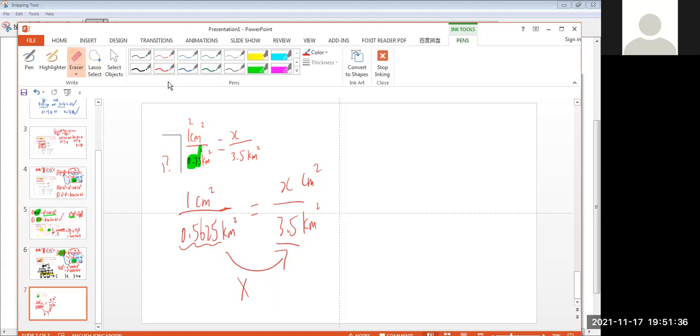6.2222222, and so on. In fact, it's non-stop. Okay, my calculator is not strong enough. I cannot get the fraction. So can you help me out? What's this fraction? So actually 3.5 divided by 0.5625. So what do you get in terms of fraction?